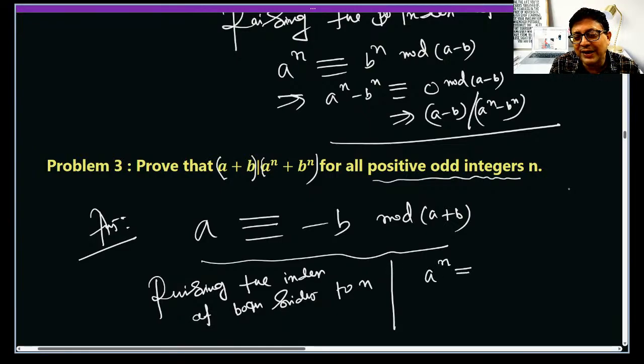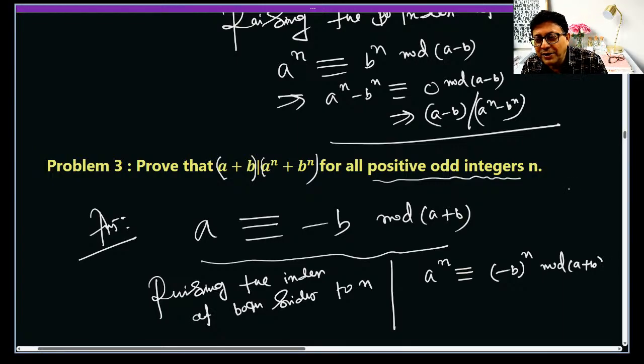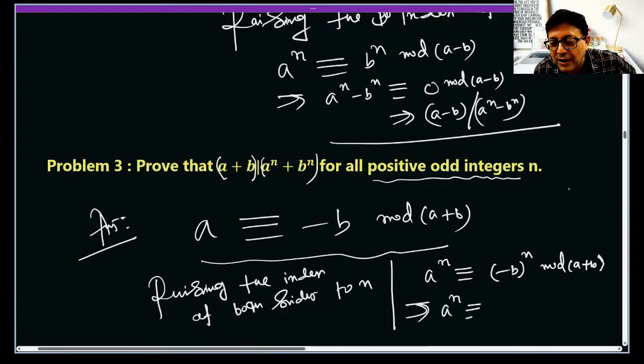A to the power n congruent with... mod A plus B. Agree or not? It's correct, no? So this implies that... the problem is there on the right side. Minus B to the power n.